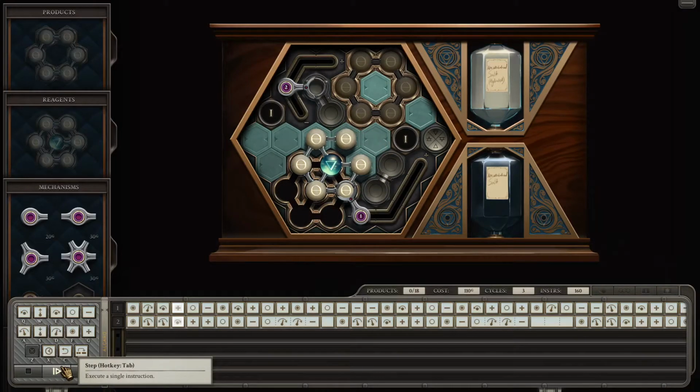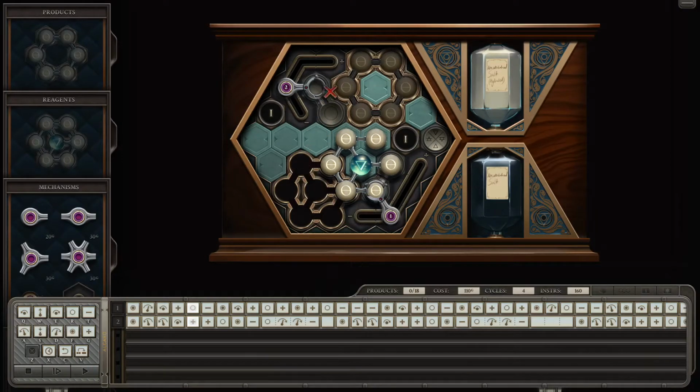Also in the hypothetical right here, that would collide. Oof. Maybe it wouldn't get that far. Hold on, 18 products.